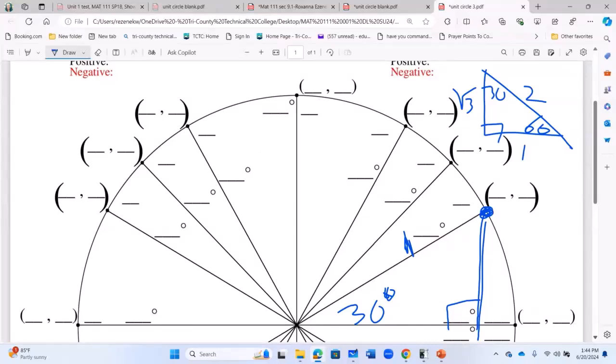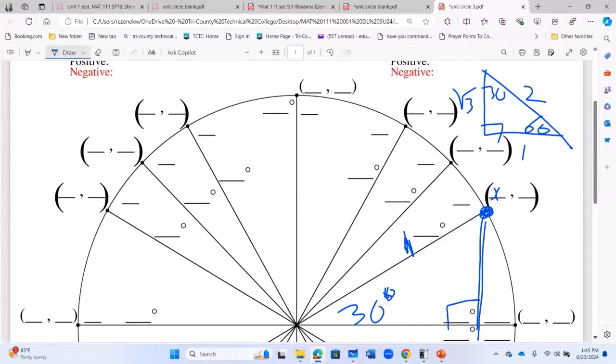All right, so I want to find the coordinates here. One thing we need to know is that in the unit circle, the x coordinate, we'll notice very soon, is going to be cosine. Any point on a unit circle goes (x, y). Why do we say that x is cosine and y is sine?